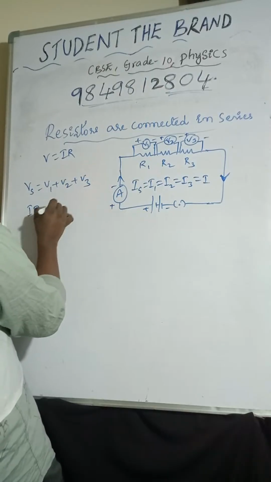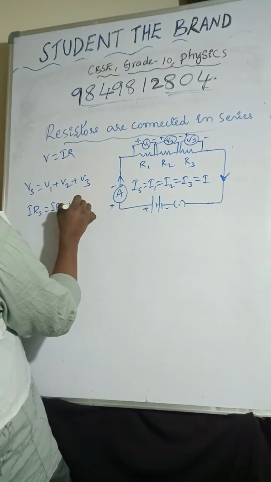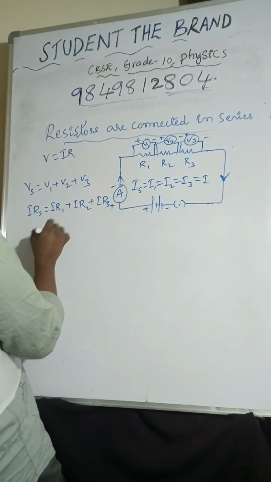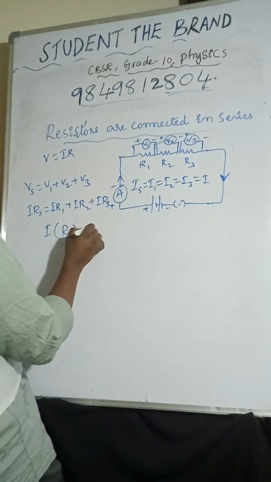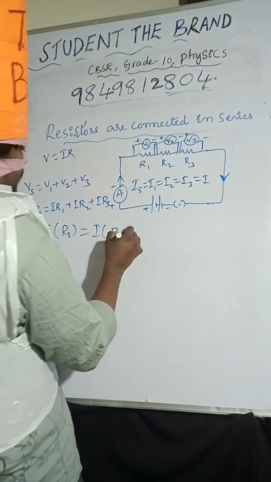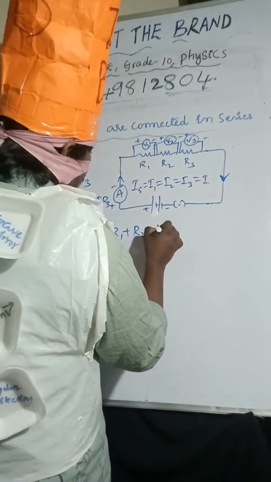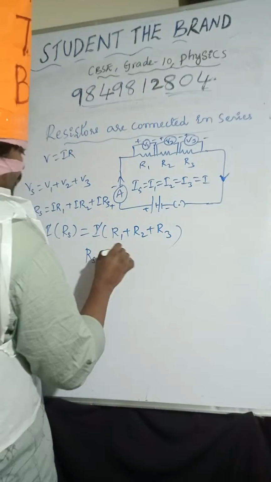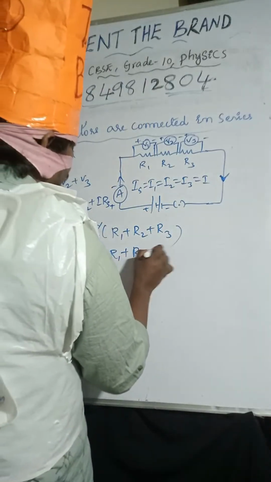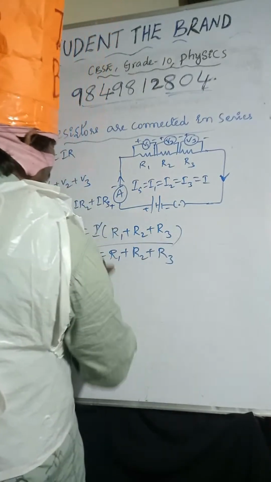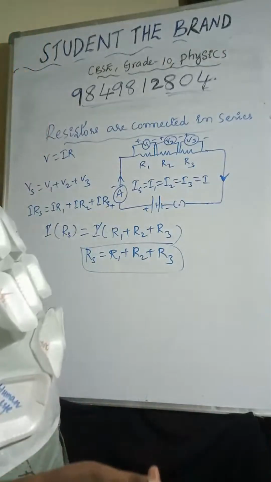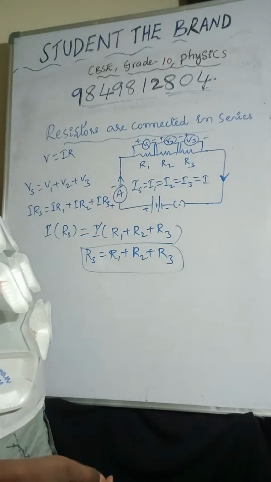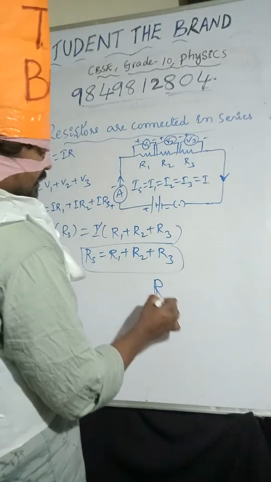IRs equal to IR1 plus IR2 plus IR3. Taking I common, Rs equal to R1 plus R2 plus R3, as I gets cancelled.